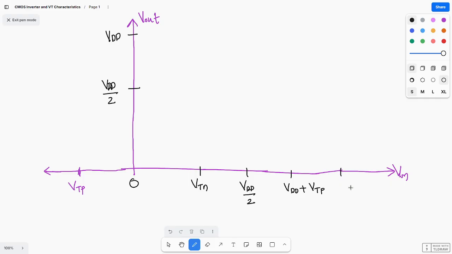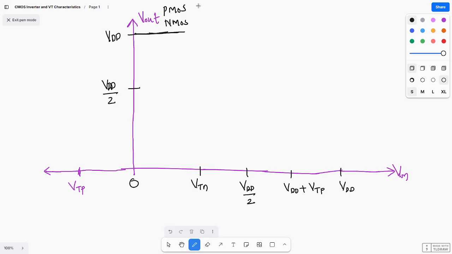This is the maximum value. Now you see. During this higher value, PMOS will be in which region and NMOS will be in which region?